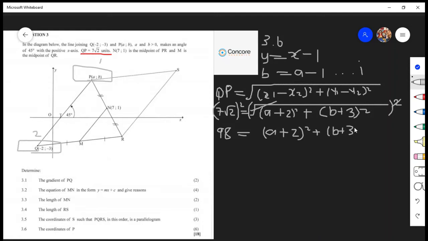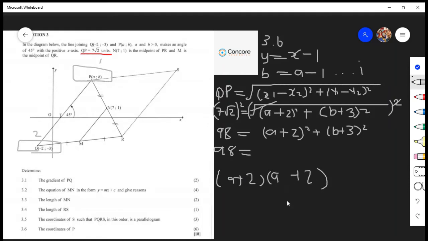Now we just need to simplify. So we've got 98 is then equal to a plus 2 squared. Sorry, this needs to be a, because a plus 2 squared is a plus 2 and a plus 2.